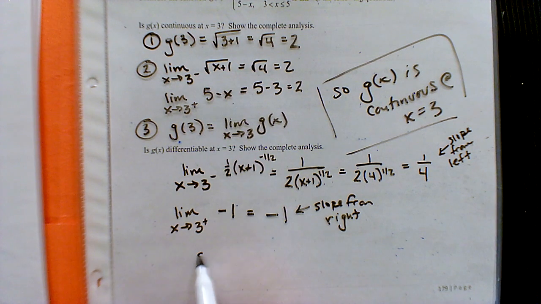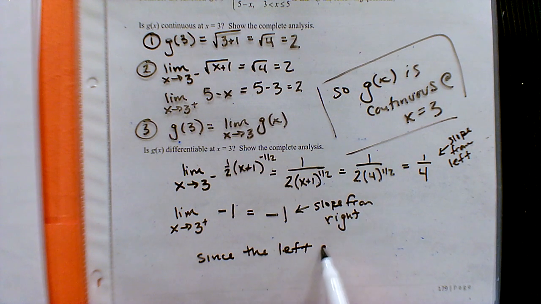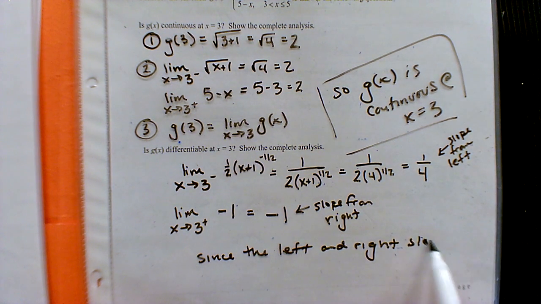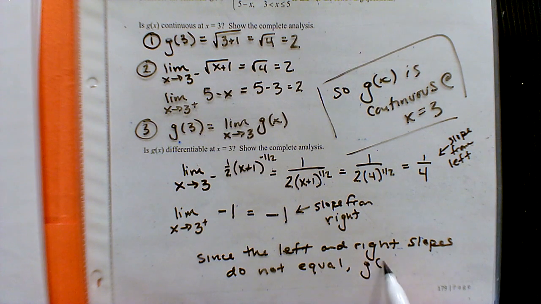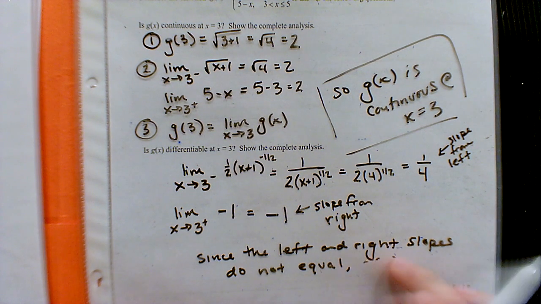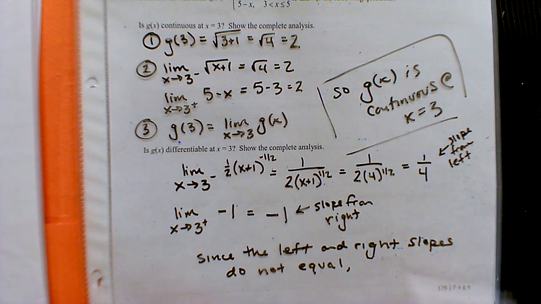So we'll say, since the left and right slopes do not equal, you can say g of x is not differentiable at 3.